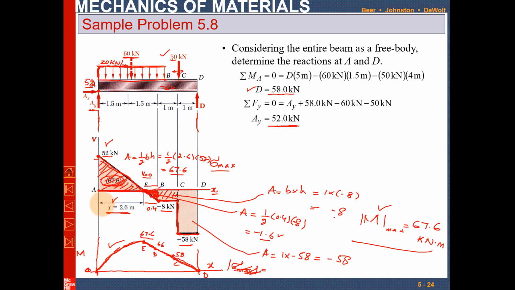If you are confused about how this x equal to 2.6 comes out, we have another method. I will also show you. Let me erase something from here.